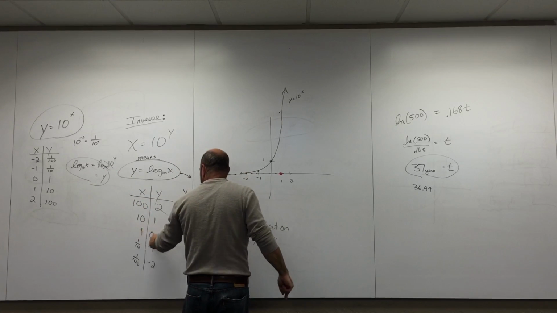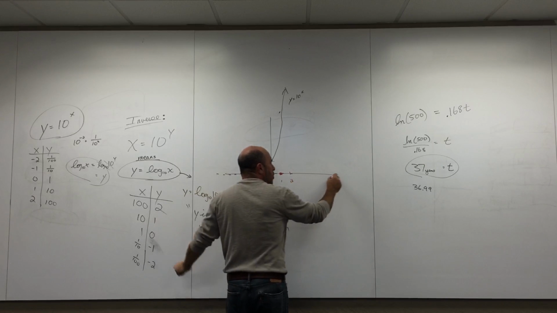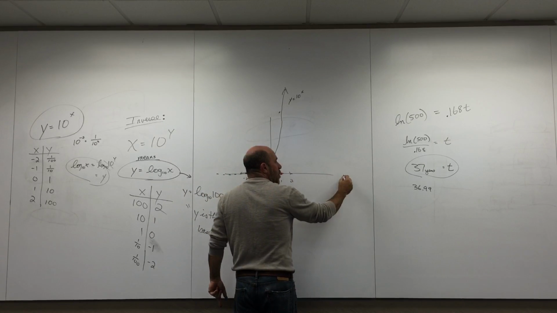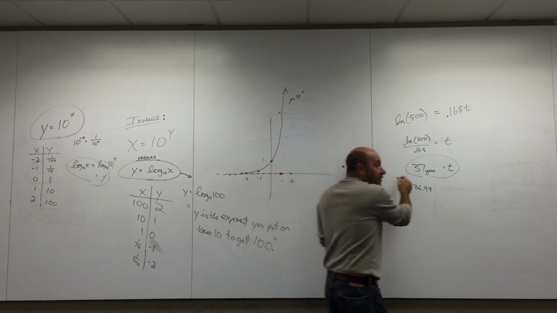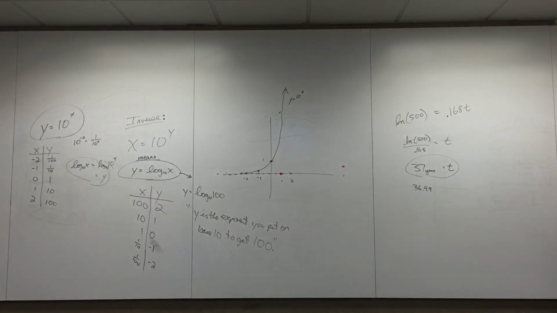Let me try this: (1, 0), (10, 1). I have to go way out to 10, and then I just go up 1. Way out to 100, and then how high do I go? 2. What happens when I go way out to 1,000? The exponent is 3.